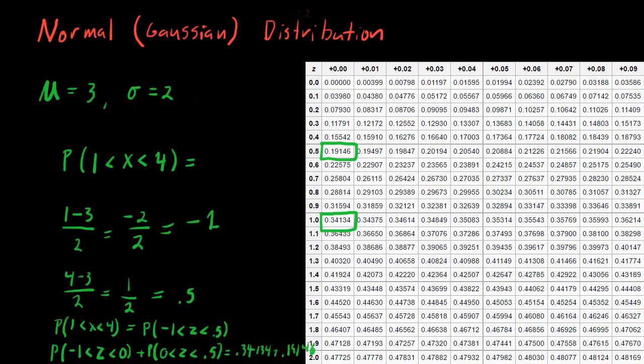So we just add those two values together, and that will give us our total area from 1 to 4 with our mean of 3 and our standard deviation of 2.